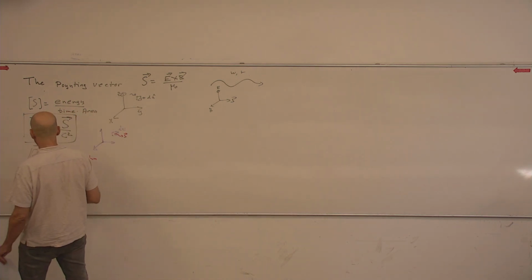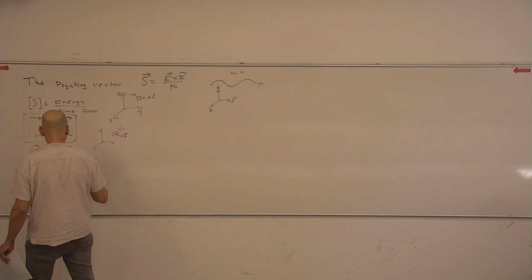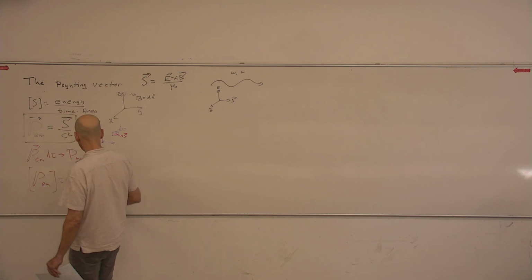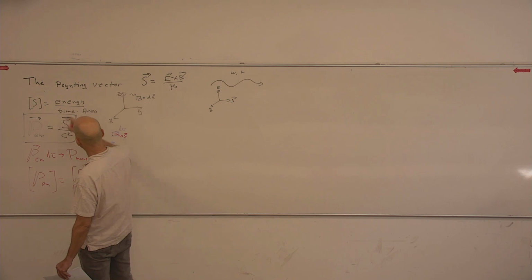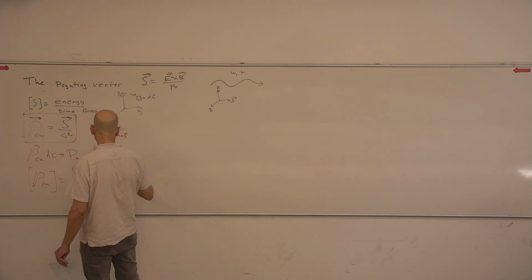So what is this? First of all, let us check the units. So the units of this density of electromagnetic radiation are the units of S divided by c squared. But what is S? S is, we said before, this is the energy. Let's say in joule.